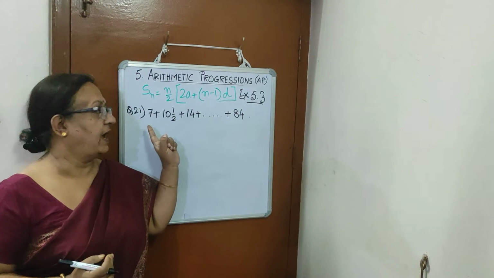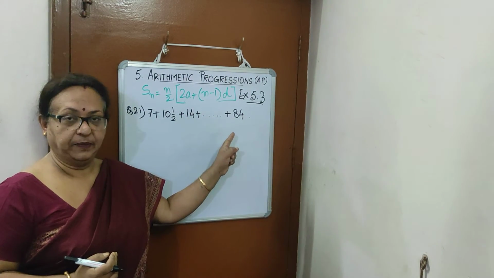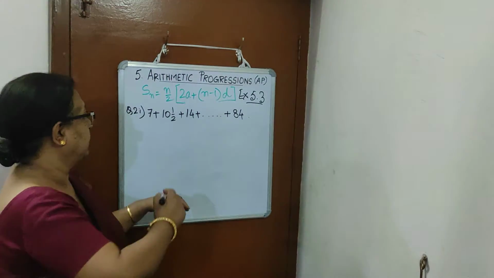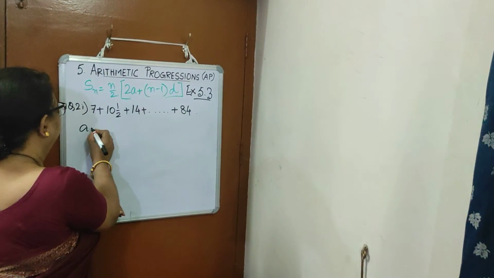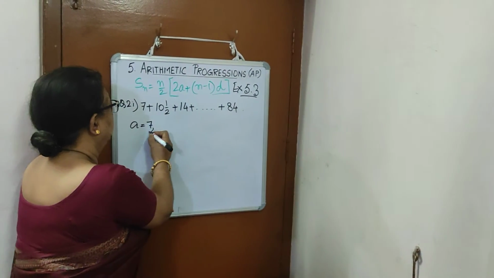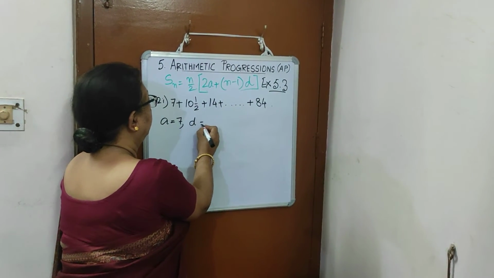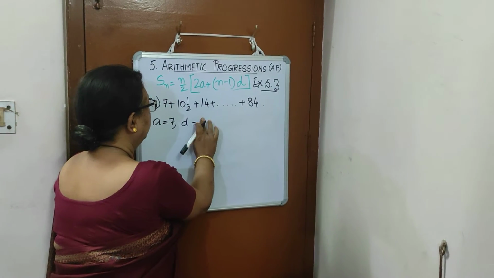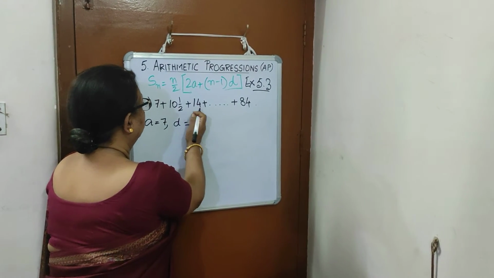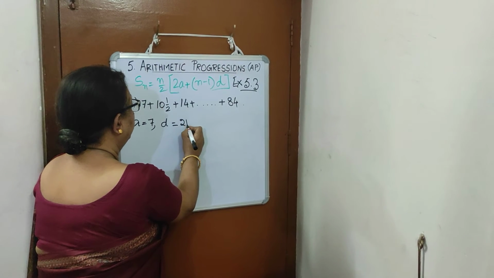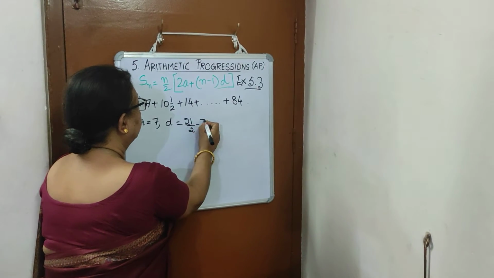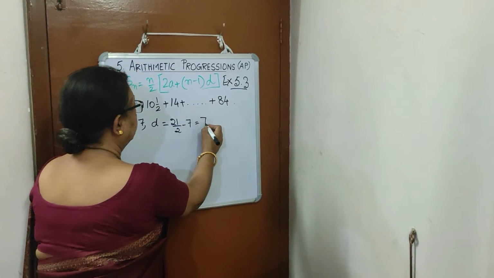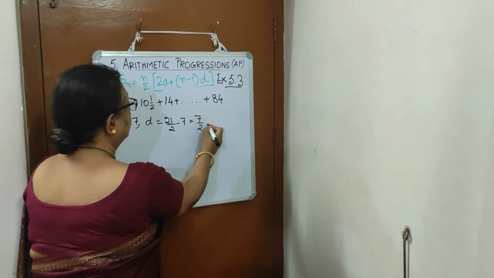Again you have to find the sum of this AP. Okay, so first we write what all is given to us. a, the first term. d, this is 21 by 2 minus 7, that is 14, 21 minus 14, 7 by 2.